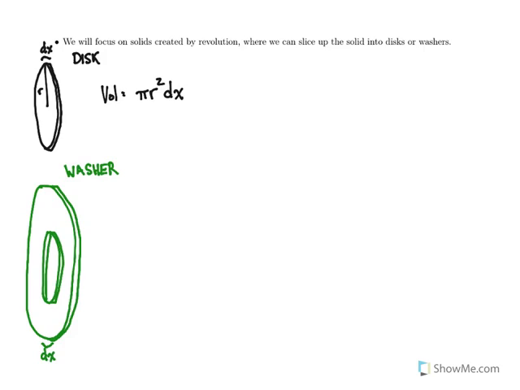This time we have two radii that we have to think about. We have a big radius and we have a small radius.